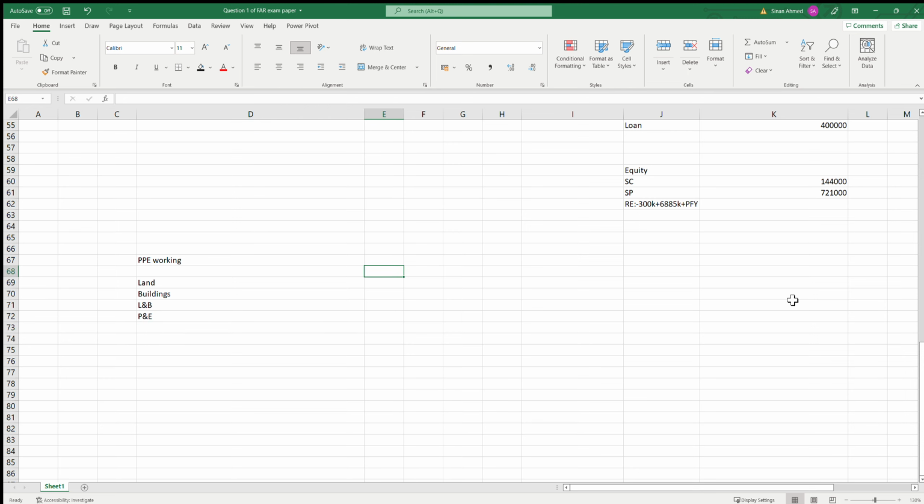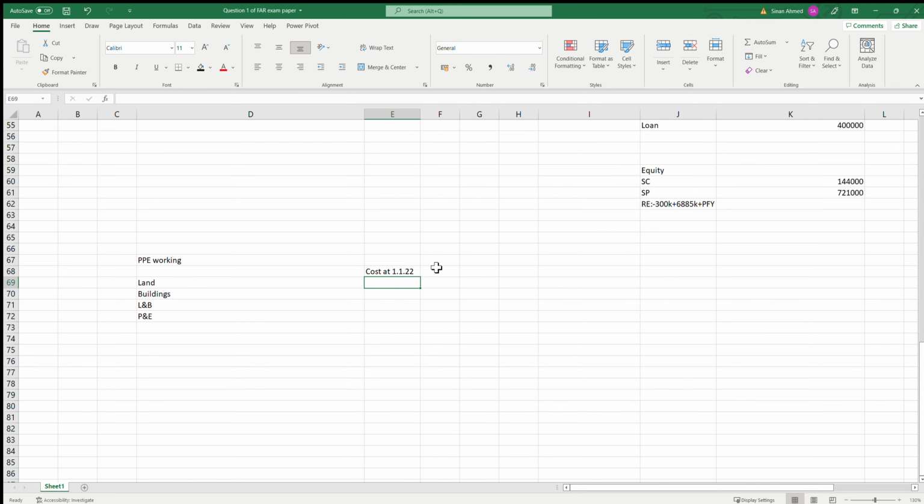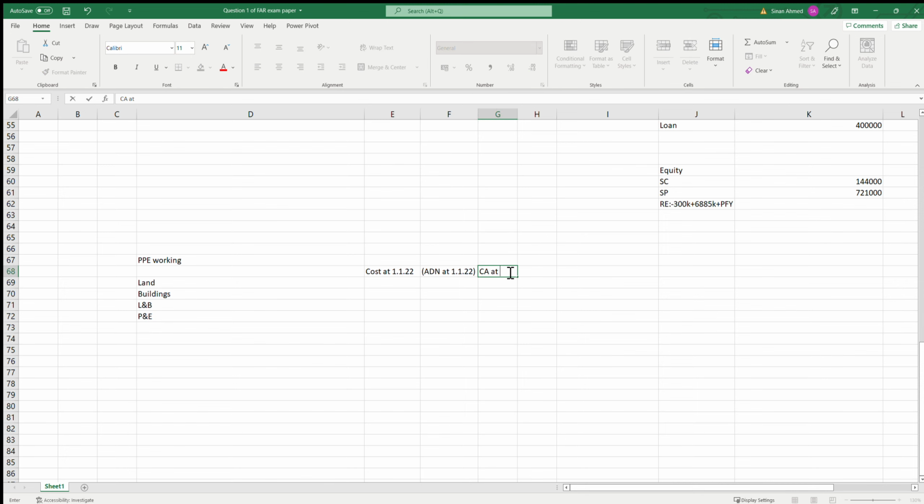What you have is initial cost at 1st of Jan 22. You're then going to have your accumulated depreciation at 1st of Jan 22. You're then going to have your carrying amount at 1st of Jan 22.